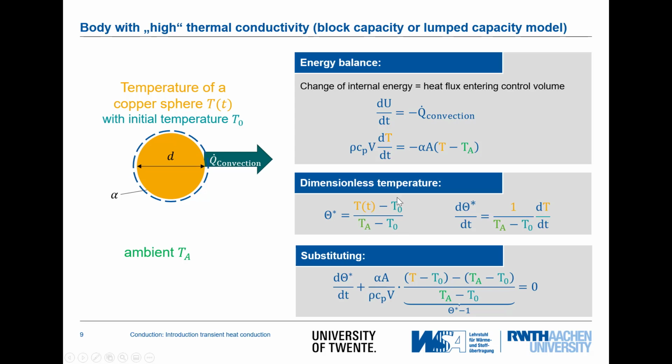Now we substitute these two expressions into our differential equation, and we end up here with this differential equation. We have brought this TA minus T0 to the other side, and we see that if we take TA minus T0 and TA minus T0, this will end up being minus 1, and T minus T0 divided by TA minus T0 is exactly the definition of theta star.